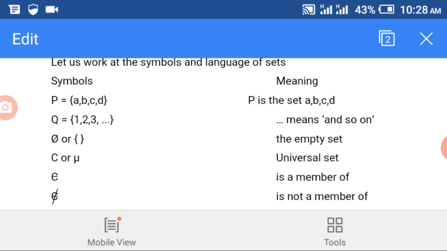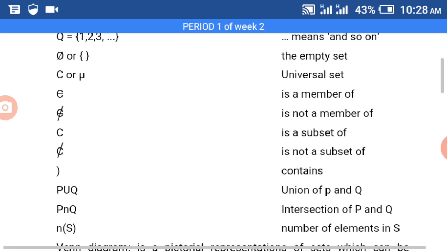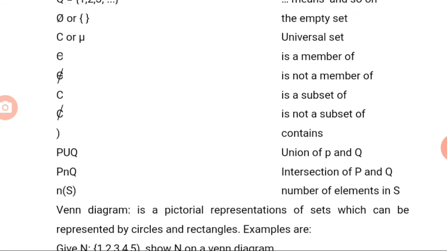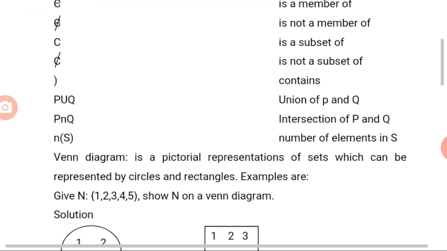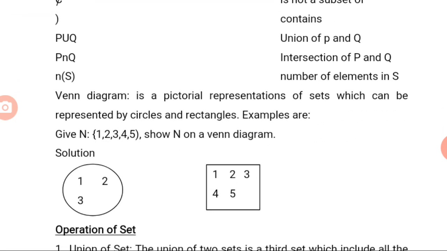Then the universal set. We also have members of sets and so on. All these things, you must know them offhand. Try as much as possible to know them offhand.